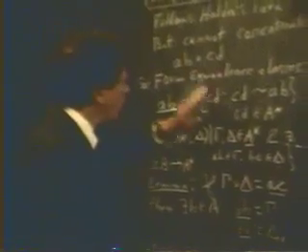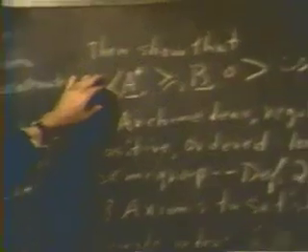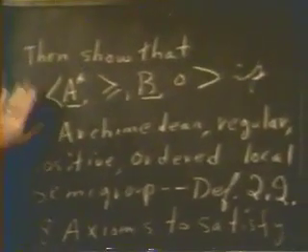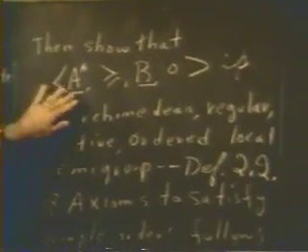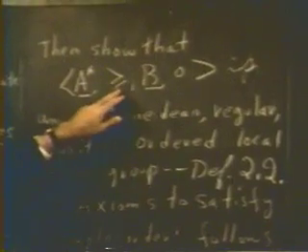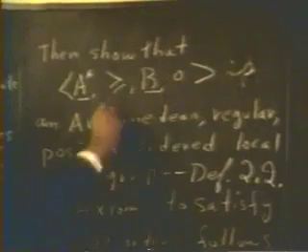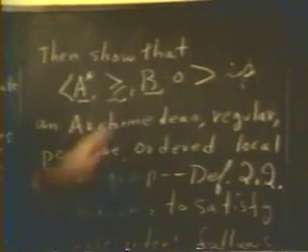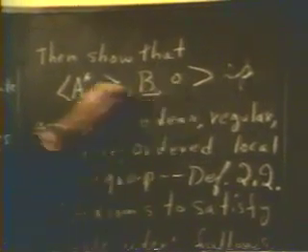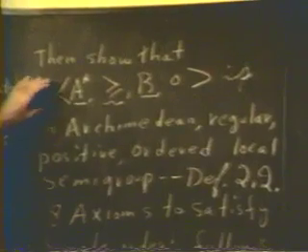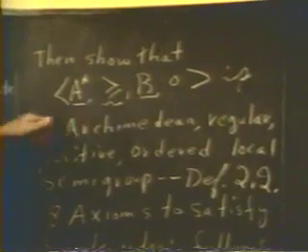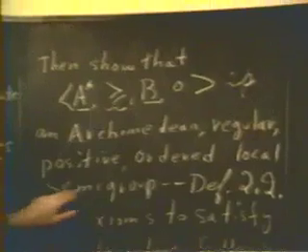All right, now what we want to show in the basic proof that'll get us the function psi, the real valued function psi, is now to take this structure we've defined, A starred, the ordering on A starred equivalence classes, and the ordering, which I would put boldface like that, B and the concatenation. That structure we want to show is just an Archimedean, regular, positive, ordered local semigroup.